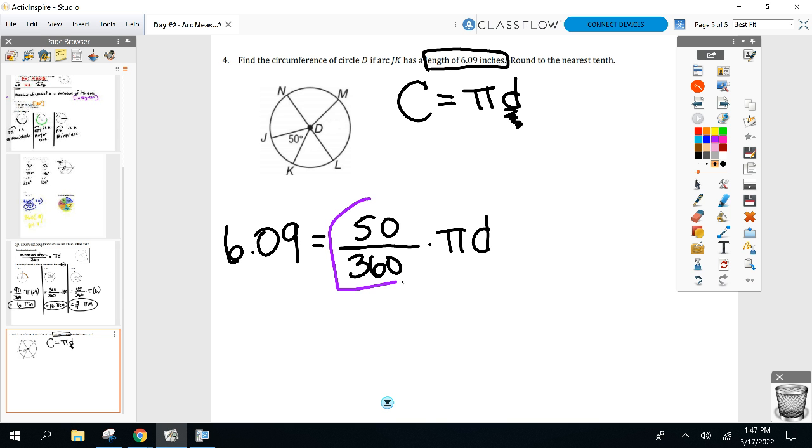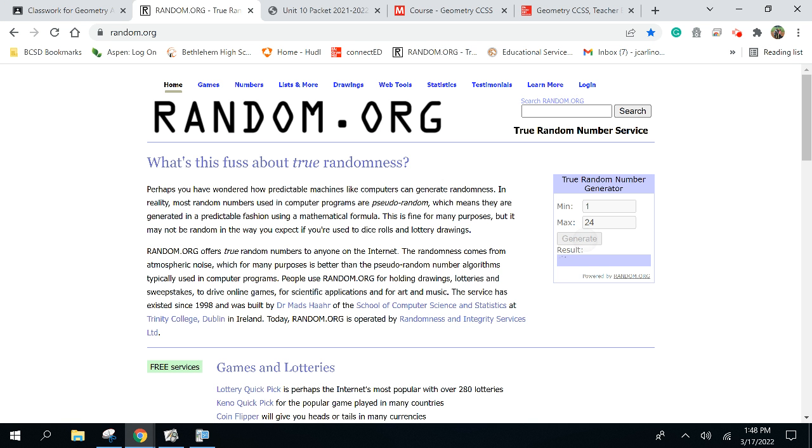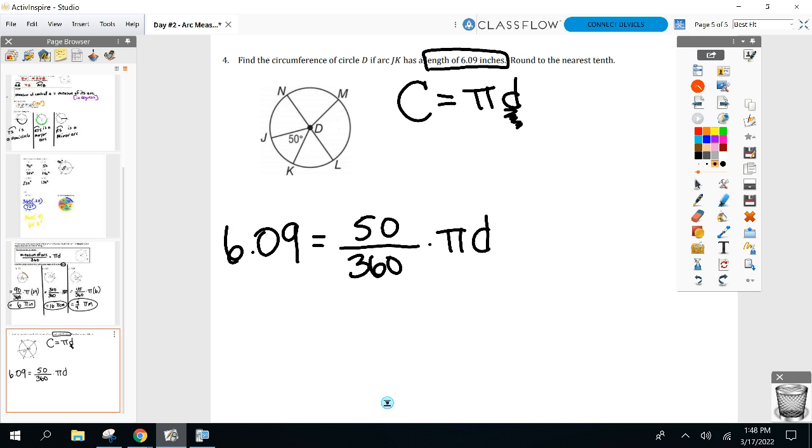First question, how do I get this out of there? I have to move this to the other side to get d by itself. So how do I move the 50 over 360 out of there? I can divide the other side by 50 over 360.